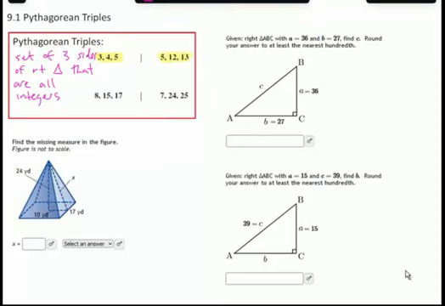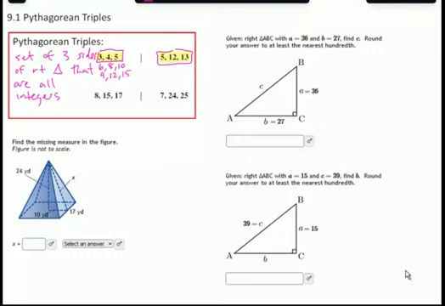They're most likely going to be 3, 4, 5 by far. The second most likely ones would be 5, 12, 13s. But then there can be multiples of these. Not only would 3, 4, and 5 work, but if you doubled each of those lengths, you might recognize 6, 8, and 10. If you tripled each of those lengths, you might recognize 9, 12, and 15.